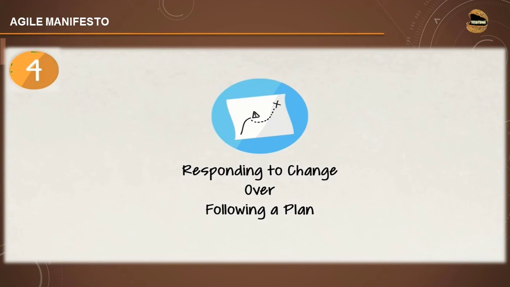We don't have anything standard, rigid, or fixed. If you have something which makes your product better, just feel free to let us know, and we welcome those changes in order to meet your expectations. So responding to change is more important than following your rigid plan, which might not make your customer fulfilled and happy.